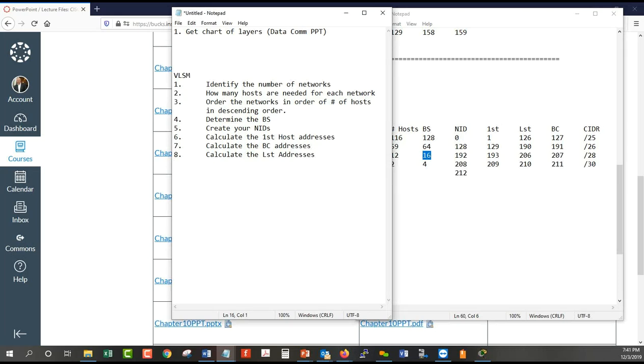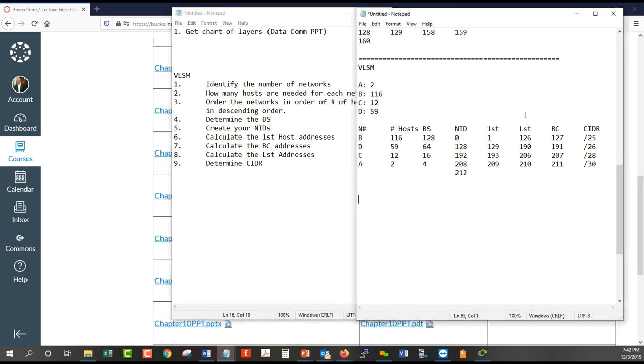And let's just complete this. Then determine CIDR. So fine, we're going to do one more. And in this case, I'm going to tell you that network A is going to require, let's say 20 addresses.